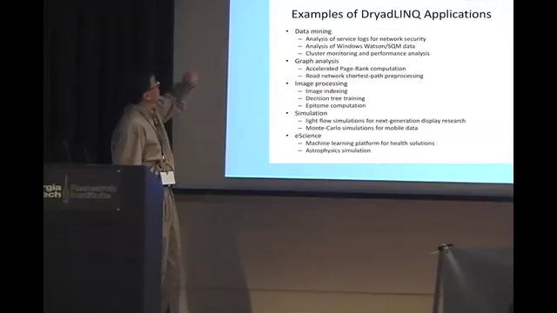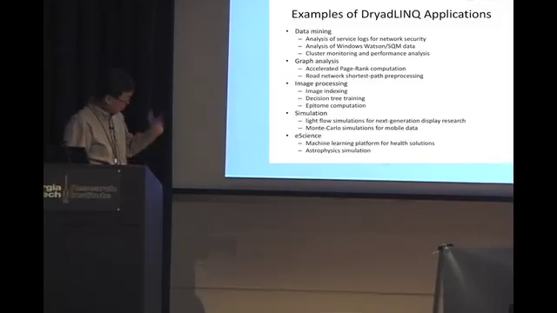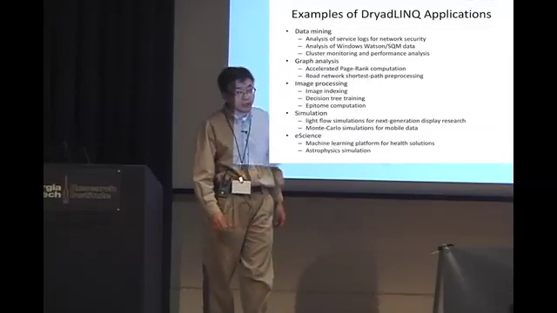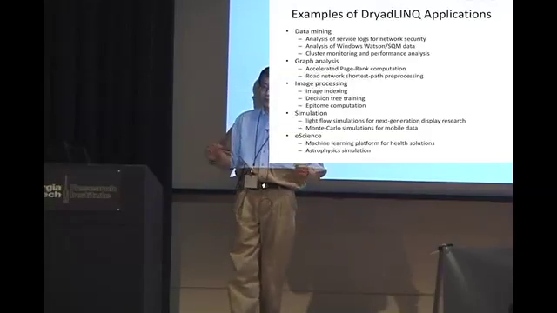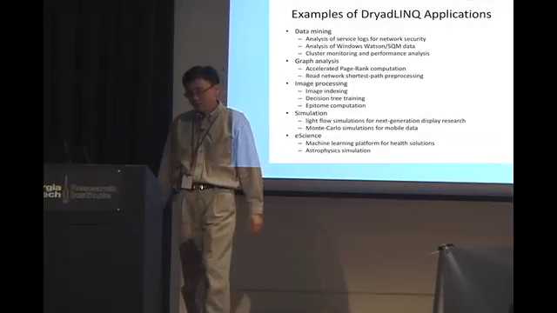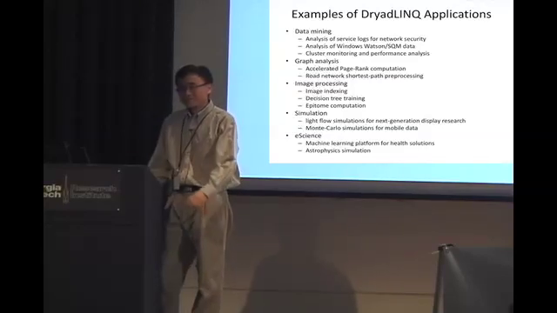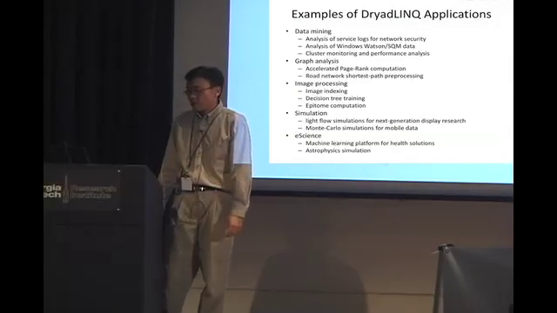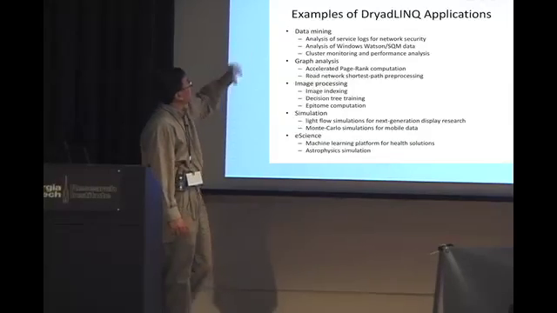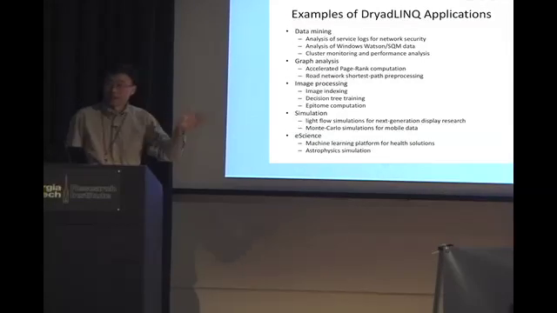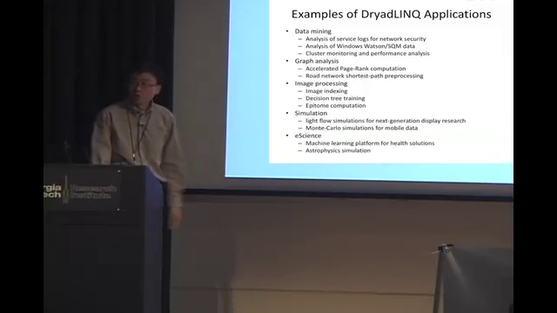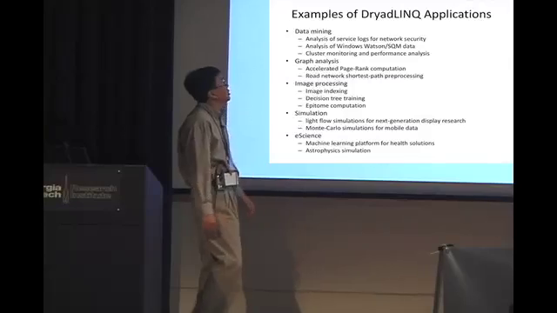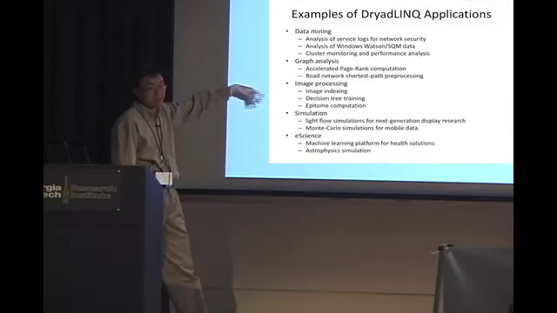For graph analysis, we do things like page ranking and shortest path processing, which turned out to be very useful for computing driving directions for maps. Also image processing, such as image indexing, decision tree training, and other things like epitope computation and simulation.